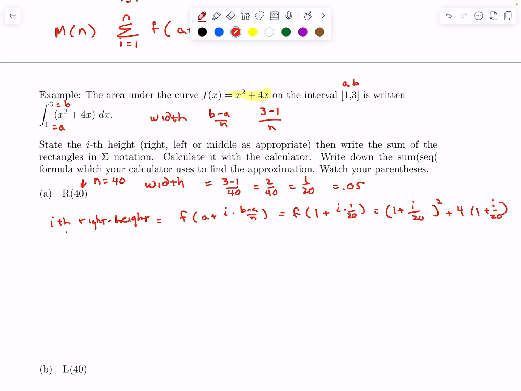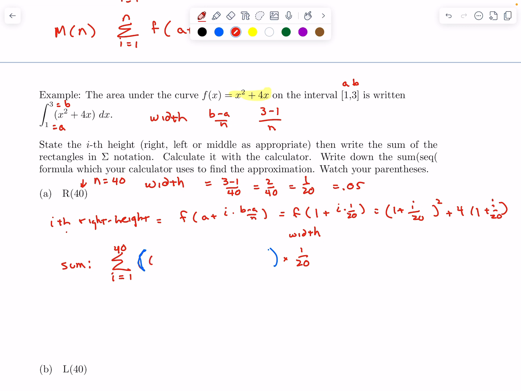Okay, so it's the sum, extra parentheses. I'm going to color code them in a minute. Actually, let me color code it right now. This outer parentheses has to get multiplied by the width, and the inner parentheses is the function itself.